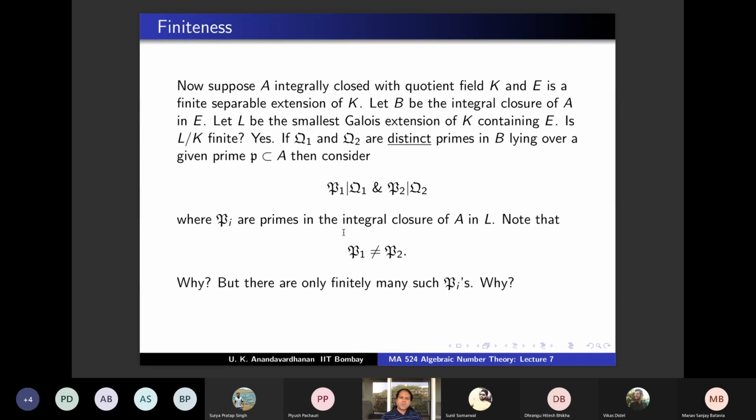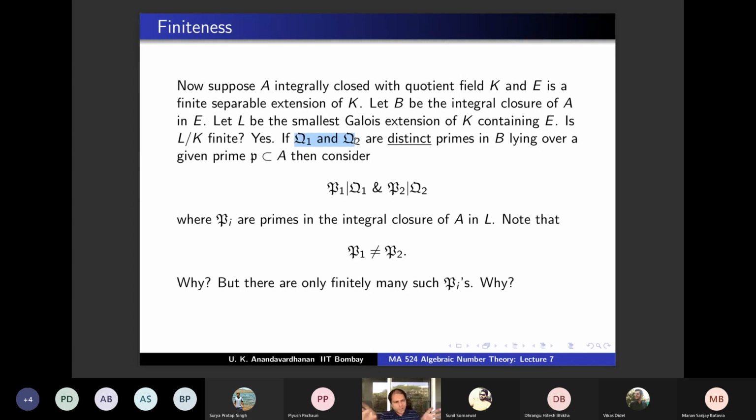Okay, and therefore you have proved that there are only finitely many Qi, right? Because if there are Q1, Q2, Q3, three distinct things, and you take P1, P2, P3 above them, the collection of all the Pi is finite. Therefore, the collection of all Qi will have to be finite.